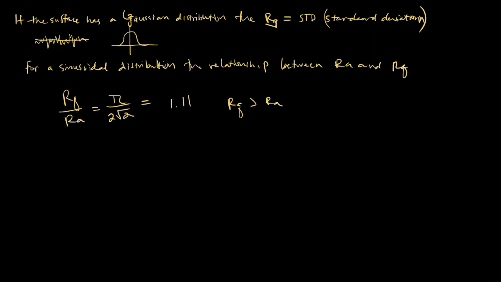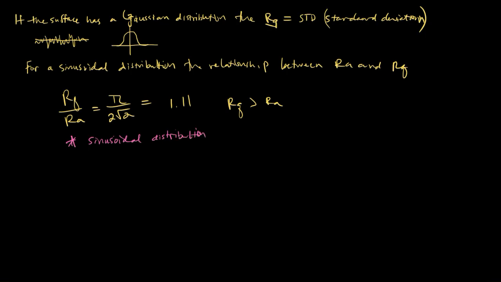Okay, so if you're measuring something and you need an RQ value and you measure RA, you could actually make a mistake in your quality control. Okay, and this has happened. It happens all the time. And this is just for illustration, for a sinusoidal distribution.